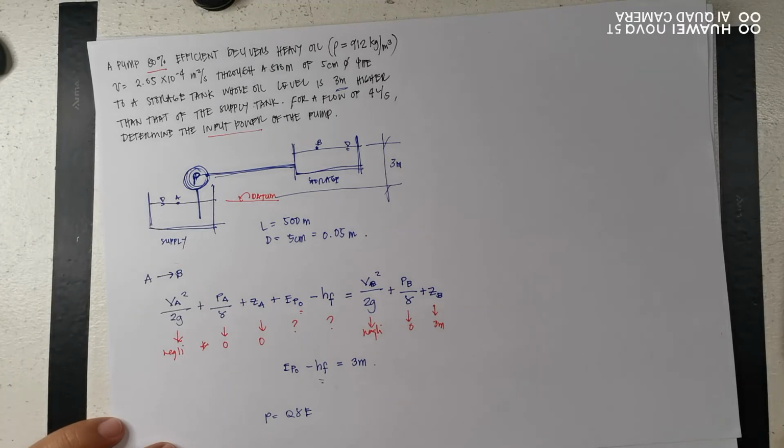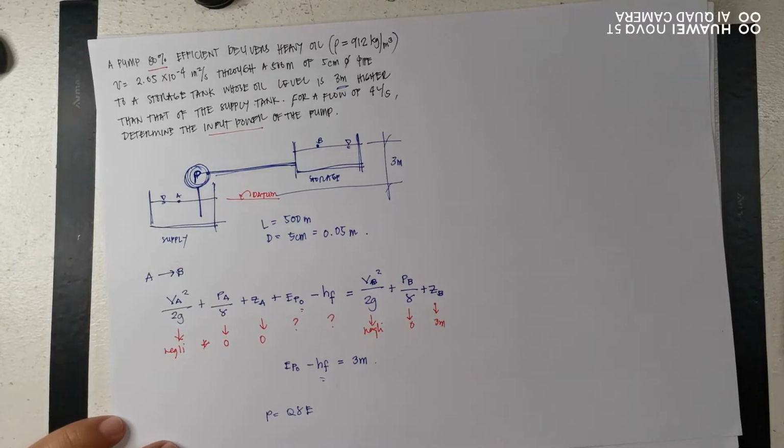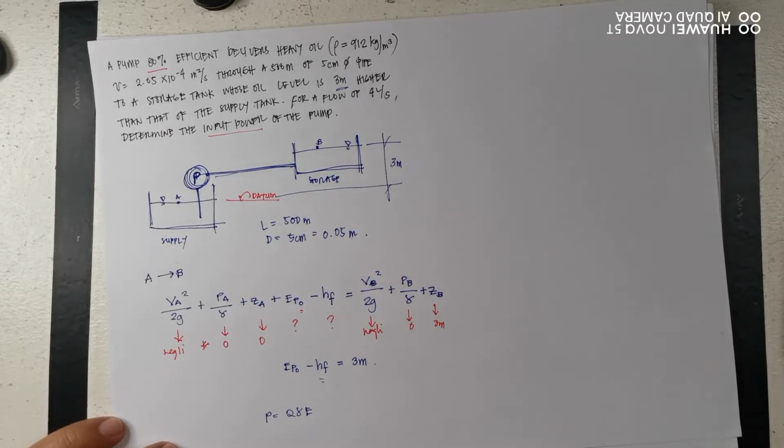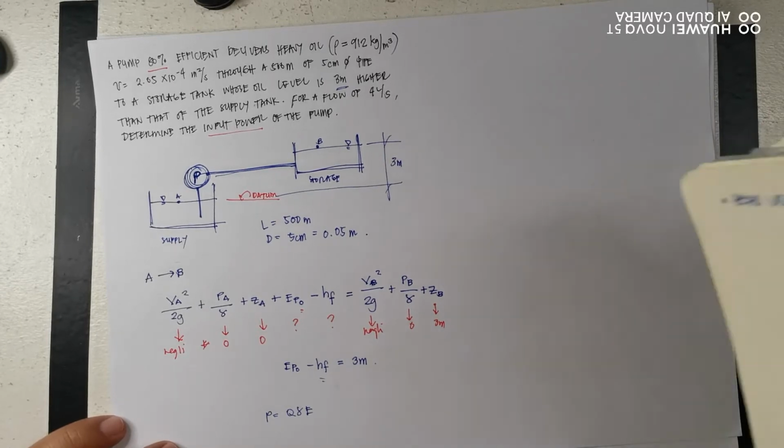So, itong si ating Reynolds number. So, si Reynolds number mag-identify. Dalawa kasi yung pwede natin gamitin na formula, di ba? For the head loss. Kasi kailangan nating i-identify kung siya ay laminar or turbulent flow.